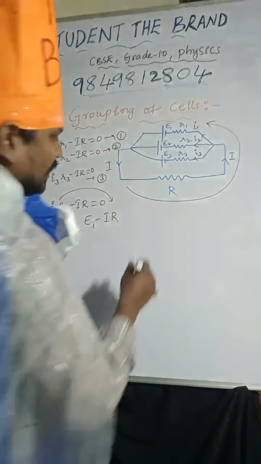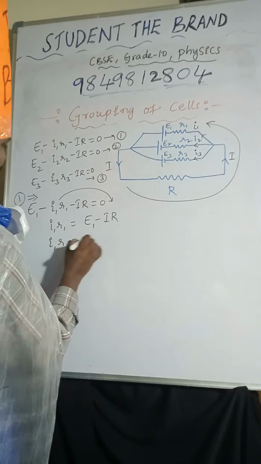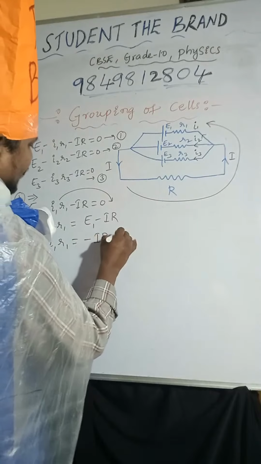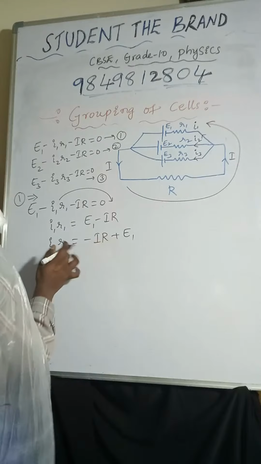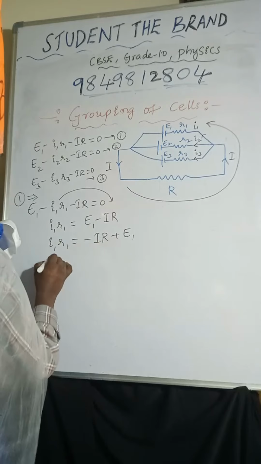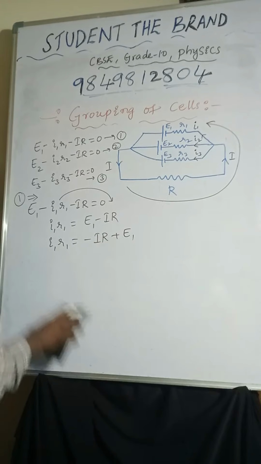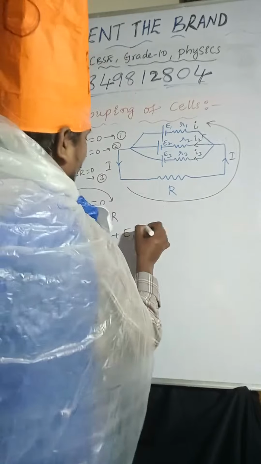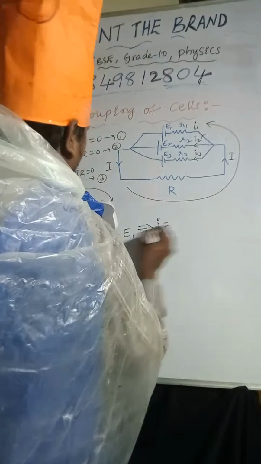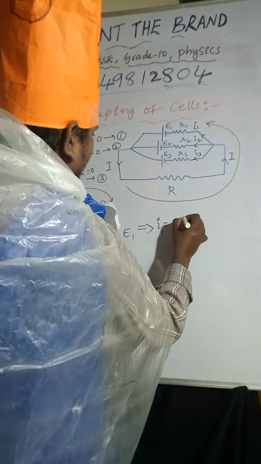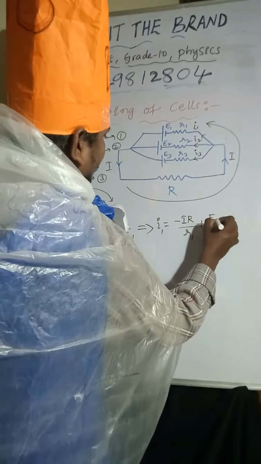So we can also write I1 R1 equal to minus IR plus E1. Now I need I1, so I1 equal to minus IR by R1 plus E1 by R1.